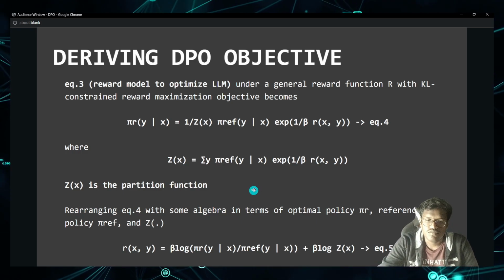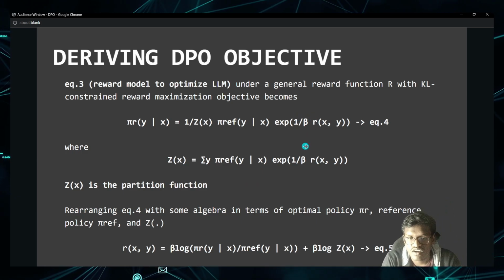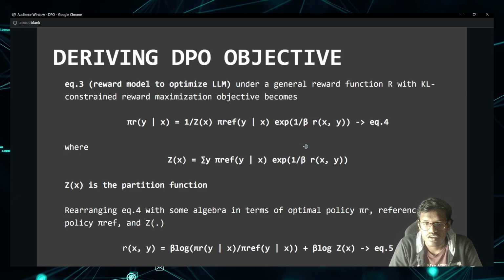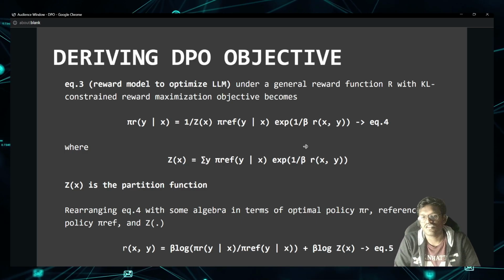Let's consider this equation, which is number 4. We have pi r of y given x, but what we need is the reward function of x comma y.